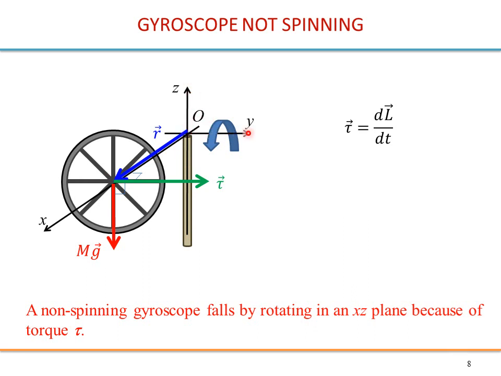This is the origin, this is y, x and z. This wheel experiences several forces: there is a reaction from this stand, and there is here the gravity. Let's say that the mass of the shaft is not so high, and most of the mass is in the wheel.